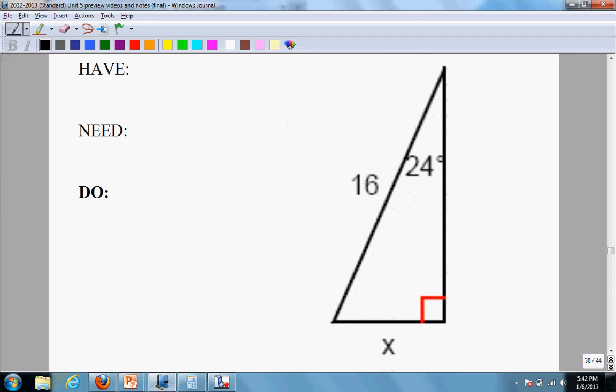Let's try another one together. Ready? Have, need, do. Let's label everything. There's our right angle. Here's our hypo. 21 is our theta, so that makes this our opposite, and this our adjacent.